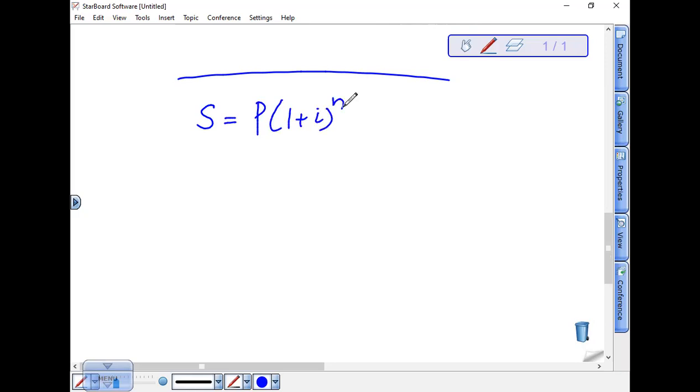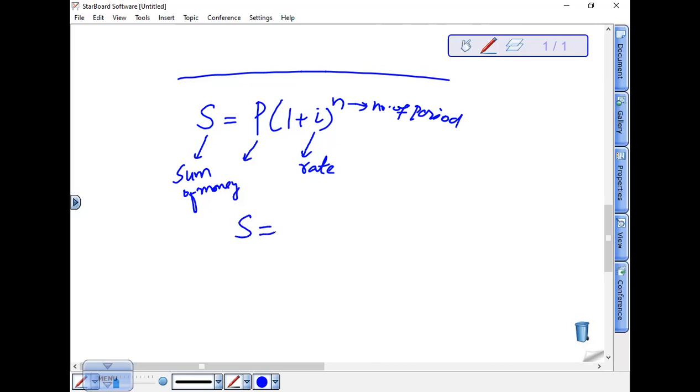Under this formula, P is the same principal amount, i is the rate of interest, and the number of periods is n. S represents the sum of money, the accumulated money in addition to the investment. Whatever we get as interest will be included in this.